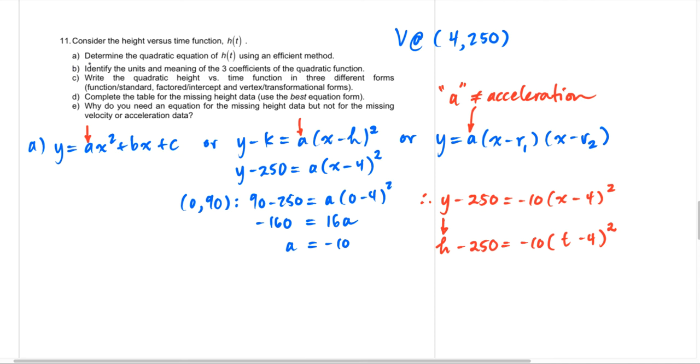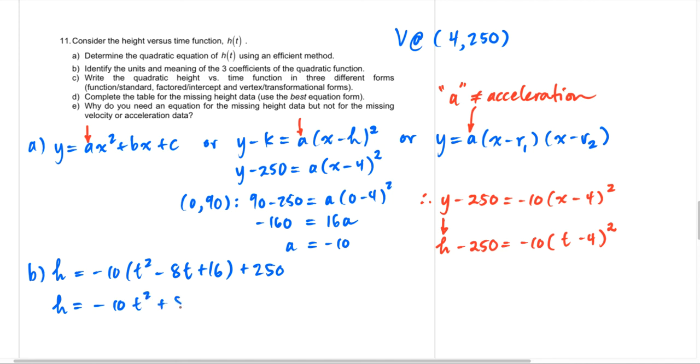So we're going to do part B, identify the units and the meaning of the 3 coefficients. So in part B, when we expand, we get h is equal to negative 10 times t squared minus 8t plus 16, and then add 250. From here, we get that h is equal to negative 10t squared plus 80t, and then minus 160 plus 250 will be plus 90.